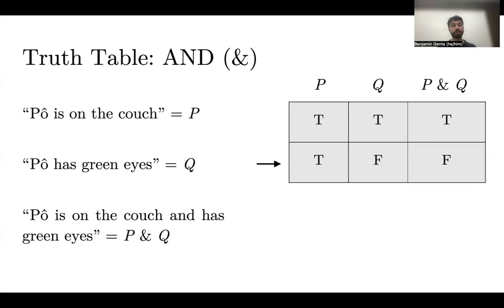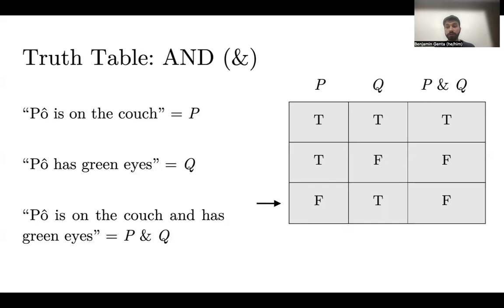If I say Bo is on the couch and has green eyes, and Bo in fact has blue eyes, then that statement is false. Similarly, if I say Bo is on the ground and Bo has green eyes, then still one part of the sentence is false, and the whole sentence is false.